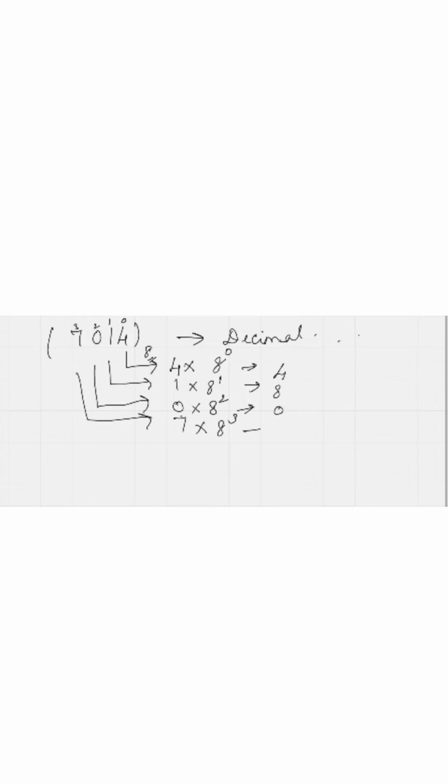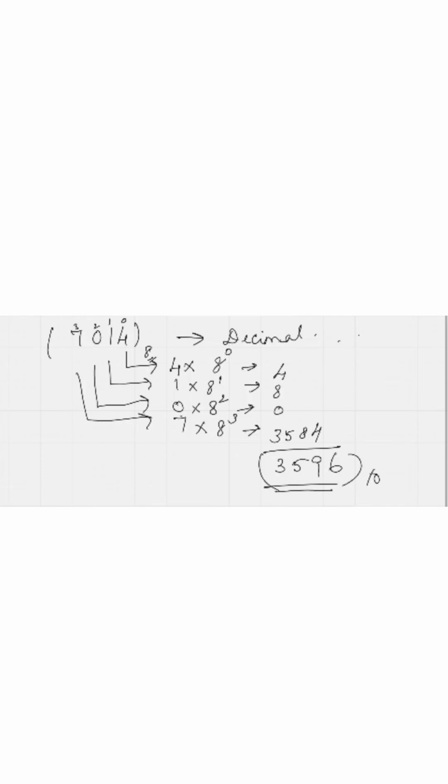The place value here is 3, so 8 cubed multiplied by 7 gives 3584. If you add all these numbers, you get 3596. This is the corresponding decimal number for the given octal number.